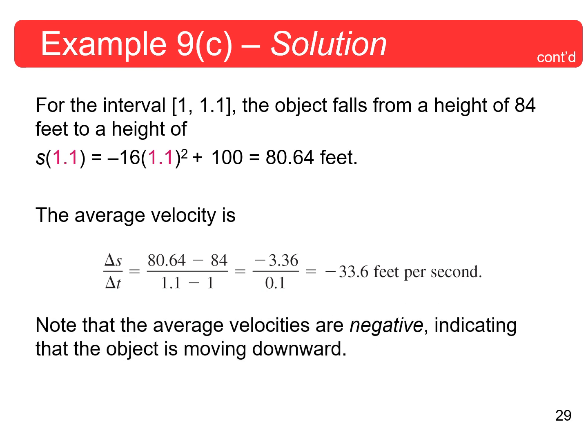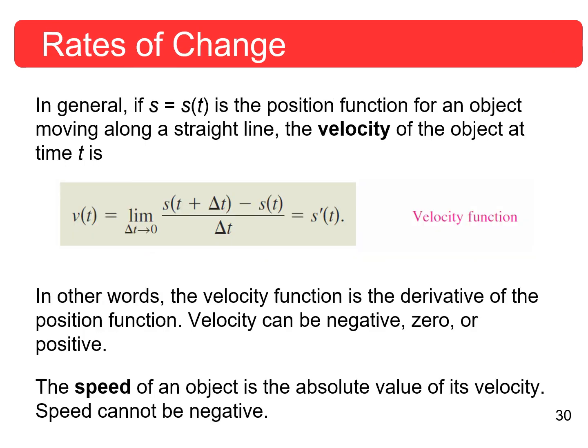Now note that the average velocities are negative. This indicates that the object is moving downward. So in general, if s, which is equal to s of t, is the position function for an object moving along a straight line, the velocity of the object at time t is equal to this.